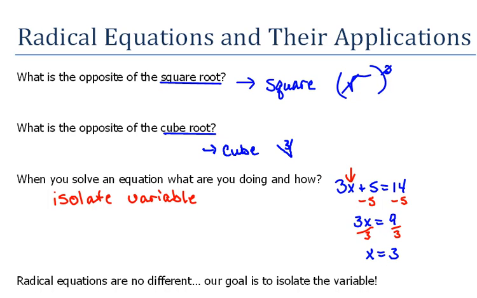If we had a cube root, and let's say we had x cubed underneath there, those would cancel each other out. They're the opposite operation. One undoes the other. Okay, so keep that in mind as we go through working these problems. And remember, our whole goal is always to isolate the variable by doing the opposite operations.